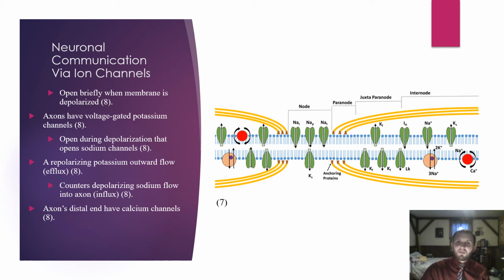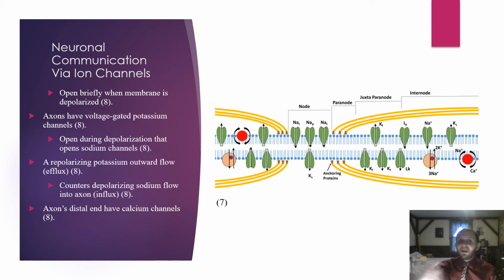You see the node of Ranvier here with the sodium channels, and then you have the potassium channels in the myelin sheath. Those channels open a split second later in response to the depolarization that results when nearby sodium channels open. And the depolarizing flow of sodium into the axon, the influx, is thus rapidly countered by a repolarizing outward flow of potassium, the efflux. That's what it's called.